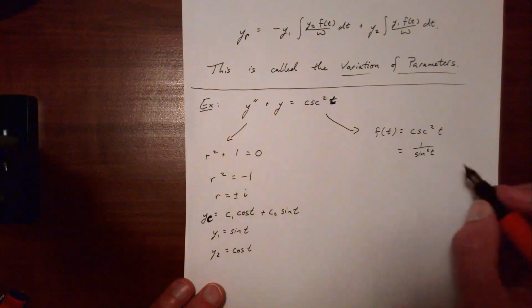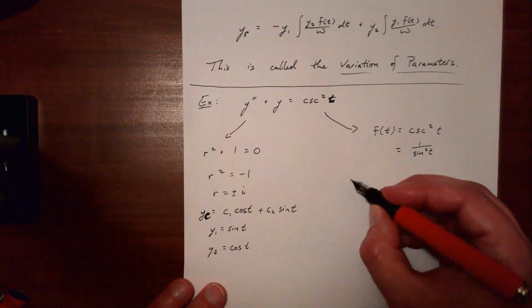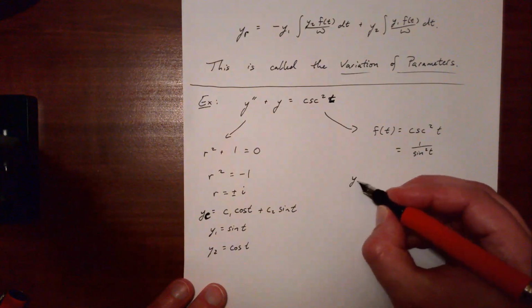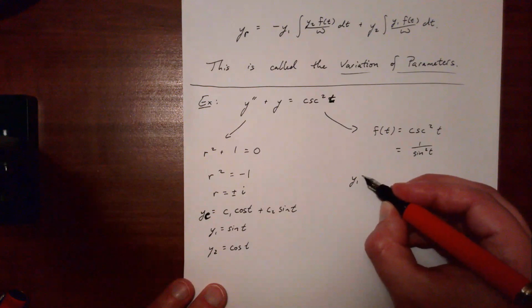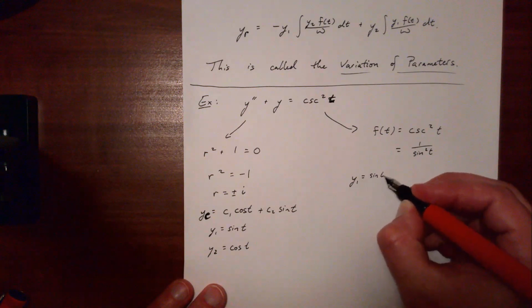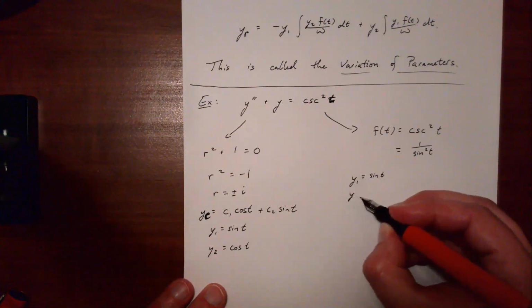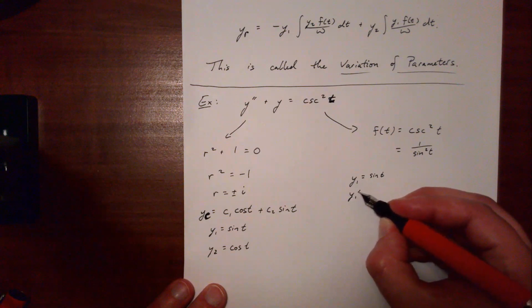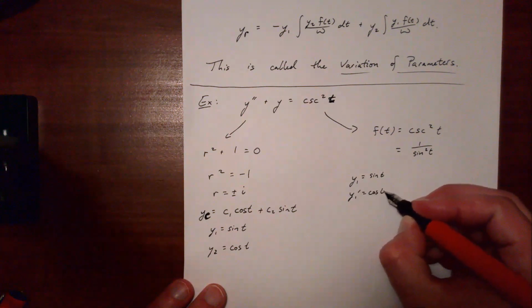Alright, well then, what is that going to mean? Let's first find the Wronskian here, and we can get to work. If y1 is equal to sine t, then y1 prime would be cosine t.